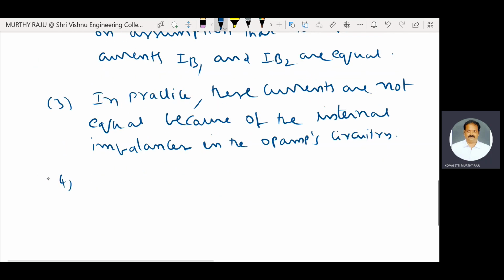So we go for another current. Instead of input bias current, we use input offset current.